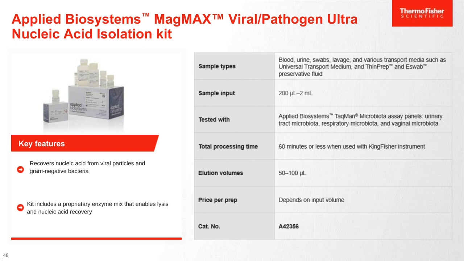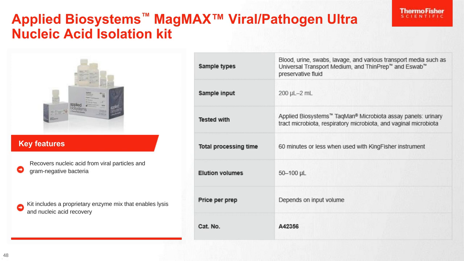Like most of our MagMax kits, very flexible. It has a low input and a high input, either with the 96-well or 24-well format. Allows you to elute in a low volume, as well as use a multitude of different liquid samples.